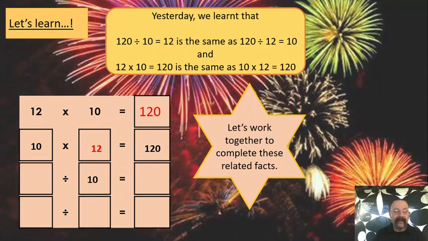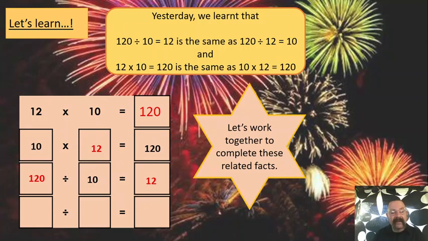Okay, and now we're left with something divided by 10 equals something. So we're going to start with the highest value number first. So the highest value number is going to be 120 divided by 10. We're using the same numbers here, and the answer there should be 12.